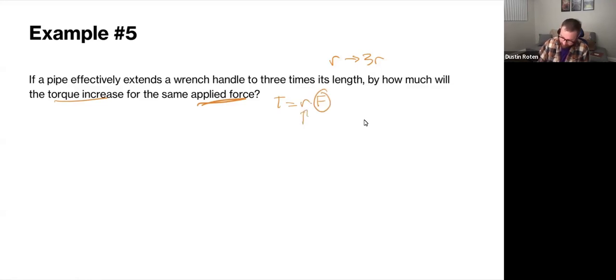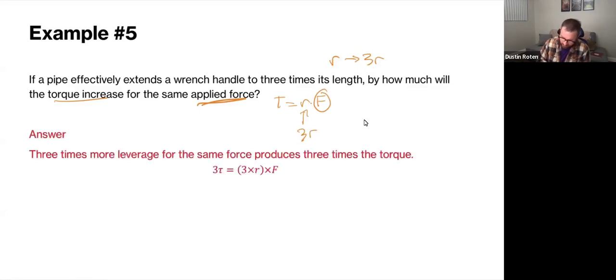This becomes 3R. So what's that going to do to our torque? Well, luckily, these are some simple calculations. So 3 times more leverage. If we multiply one side by 3, it's an equation, we have to multiply the other side by 3. So 3 times more leverage produces 3 times more torque.